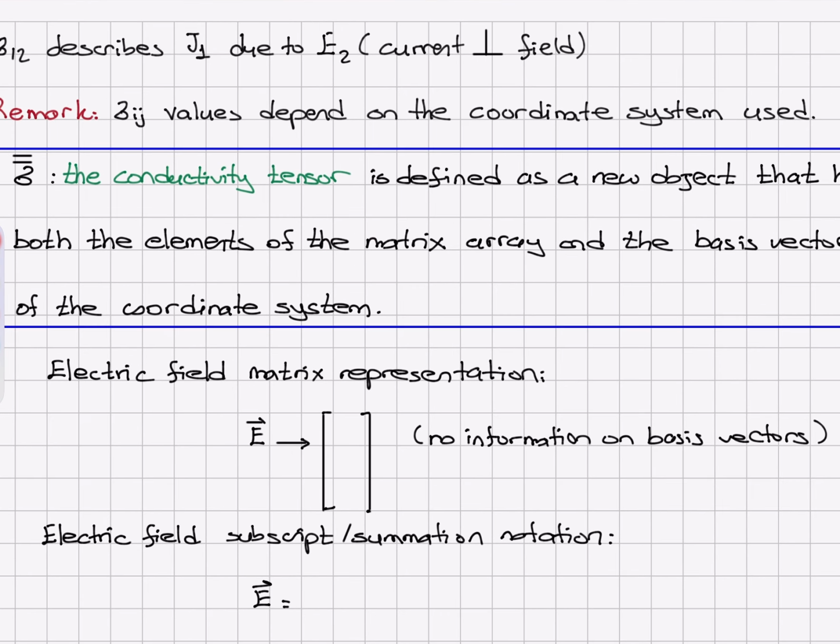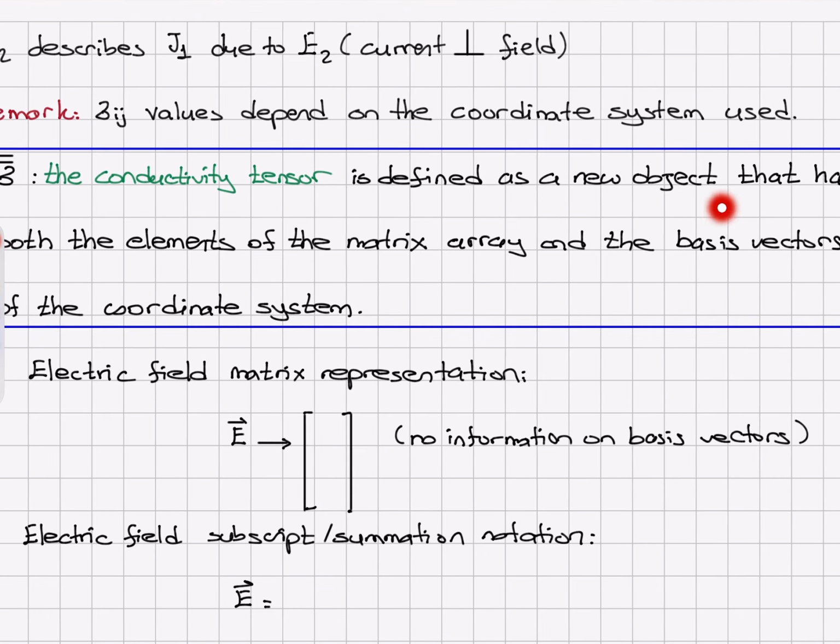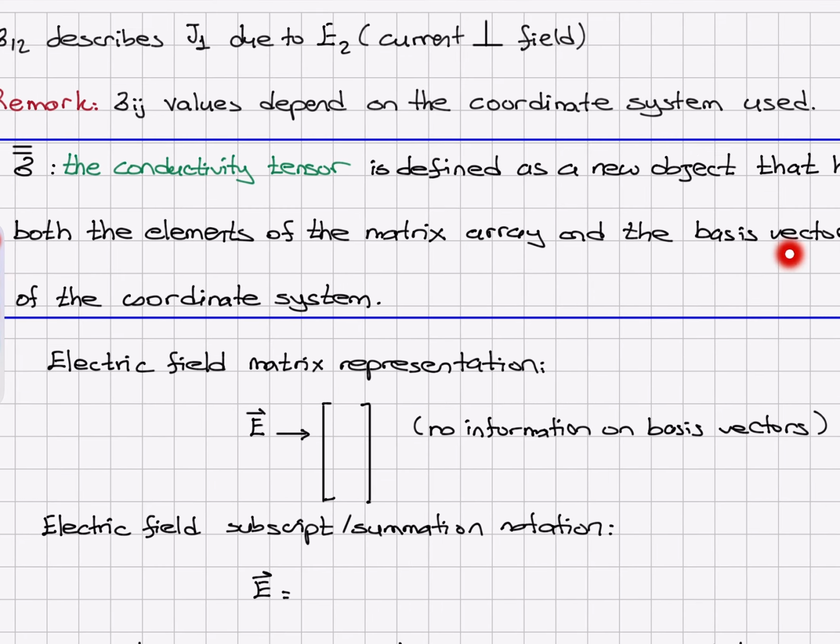The conductivity tensor sigma, which we show with two lines on top of it, is defined as a new object that has both the elements of the matrix array and the basis vectors of the coordinate system. So that information is missing in the matrix representation. In the electric field matrix representation, we have E1, E2, E3 components, but no information on which basis vectors we have used.